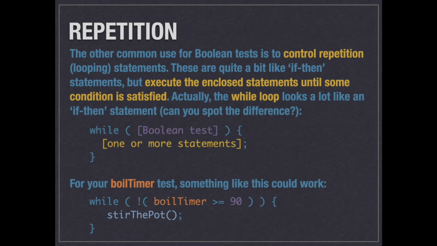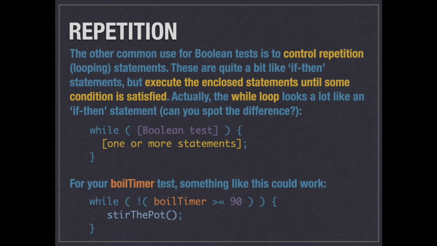So I'm assuming that the recipe calls for the mixture in the industrial pot to be stirred during the boil time. If we want to stir the pot, and assume we have a method set up called stir the pot, again completely fictitious, made up just to give you an example of the syntax, you could write this stirring code something like this: while not, the exclamation point is not, boil timer greater than or equal to 90.